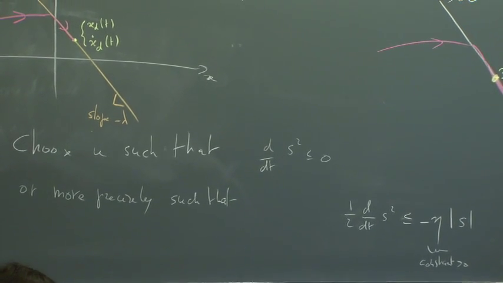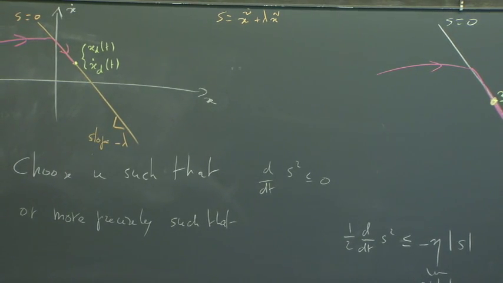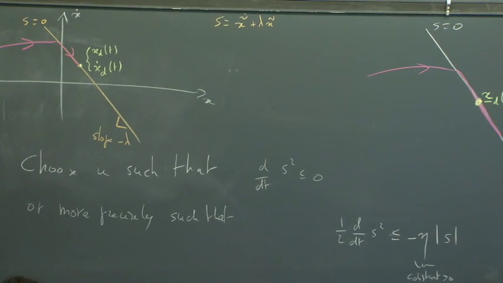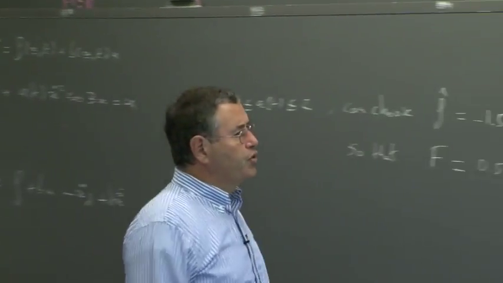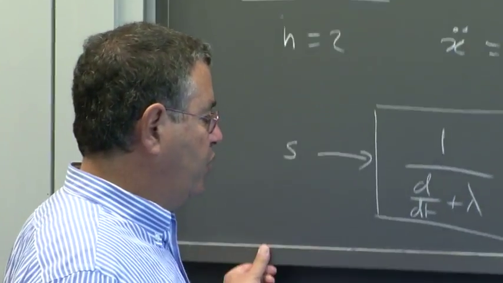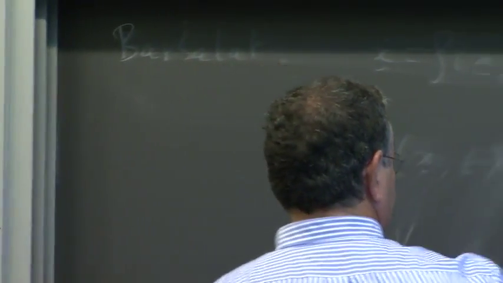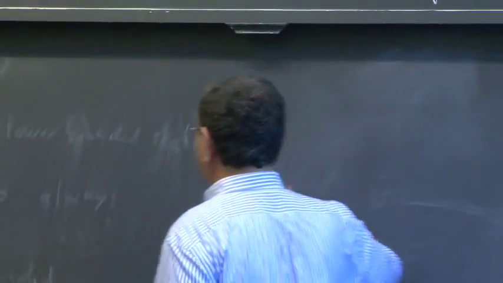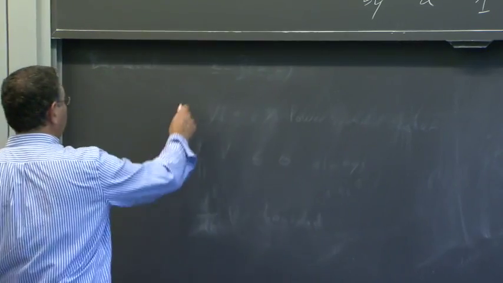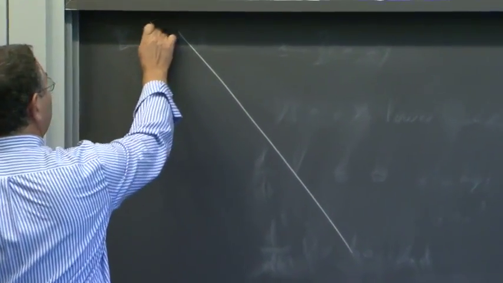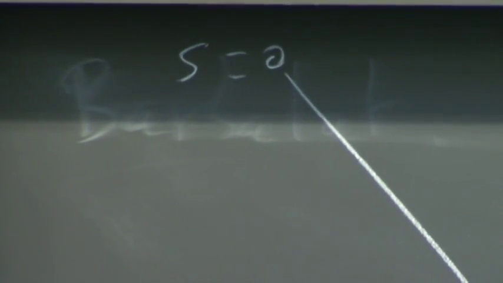Now, what does this imply? Suppose that we start with s positive, right? So remember, we have s equals 0 in this n-dimensional space, right? It's a hyperplane.